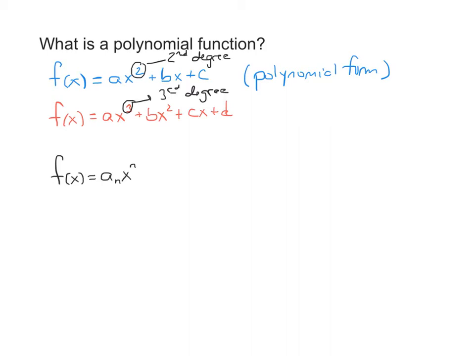Where that's our first term, some coefficient, where n is the degree. Then we'll have another coefficient. And this term will have an exponent that's 1 less than the degree. And then another coefficient, and a term that's 2 less than the degree.